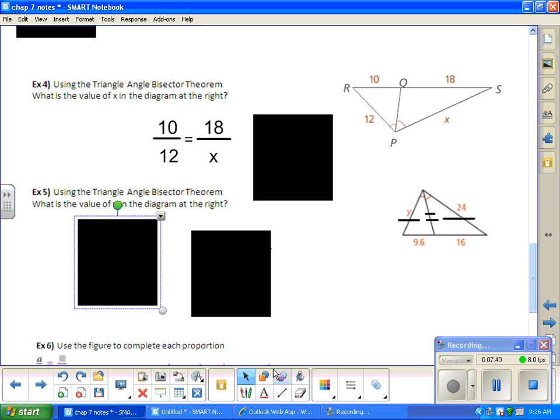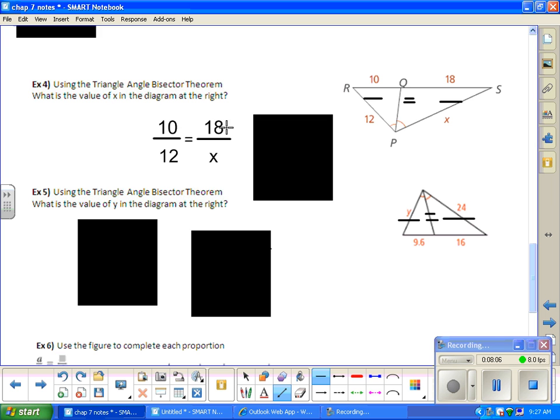As you can see, the triangle angle bisector theorem tells me that this is the bisector, and it breaks the one triangle into two proportional parts, two proportional triangles. And so I think again the easiest thing is to draw my fraction bars in between and my equal sign. And then I just go ahead and write the fraction. 10 over 12 equals 18 over x.